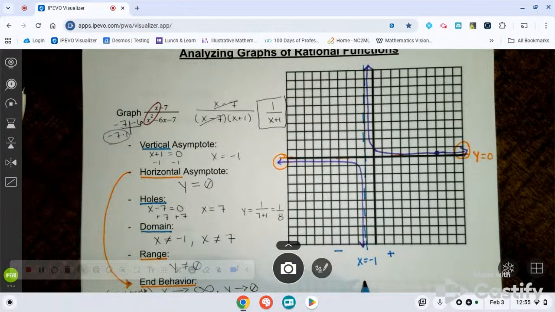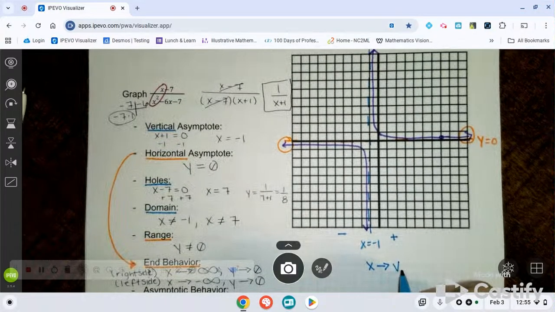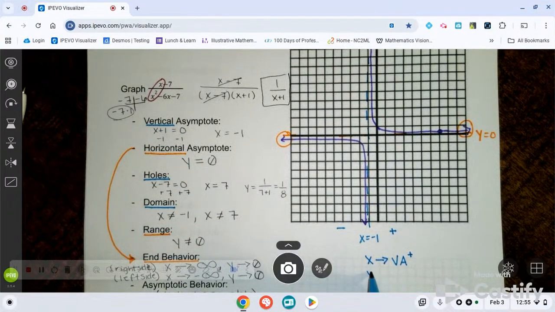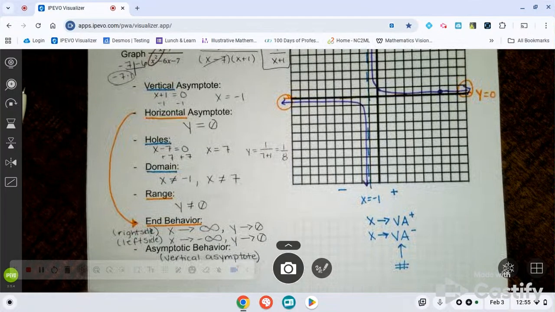So we are always writing it as x approaching my vertical asymptote from the right, and x approaching my vertical asymptote from the left. So this number in here, that's the actual number of our vertical asymptote.